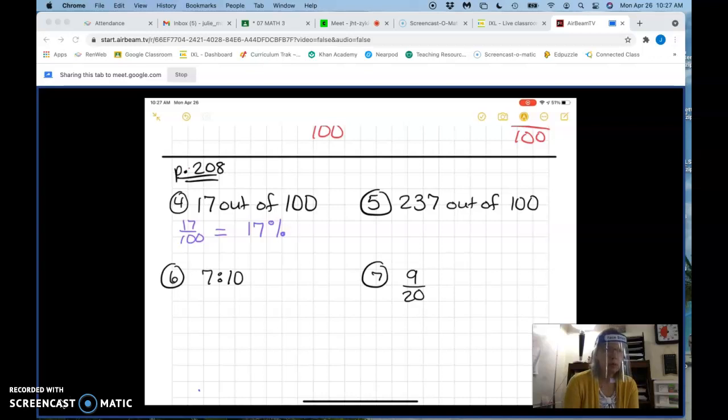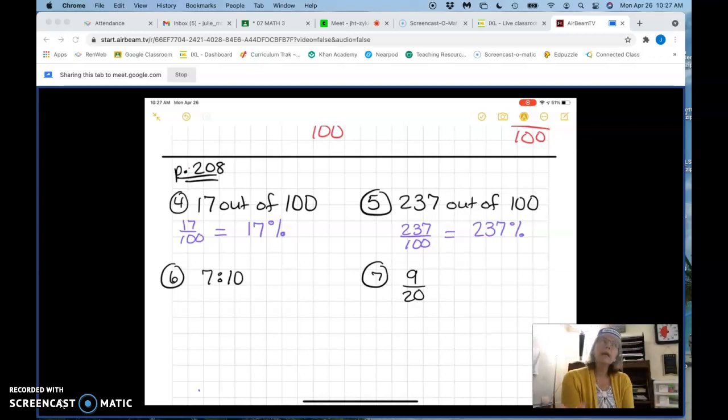It's 17%. Okay, so how much would number 5 be? First would be 237 over 100, and that would equal 237%. That's correct.